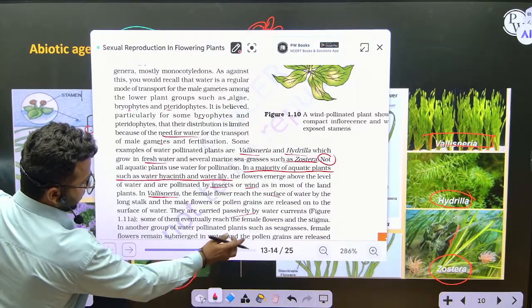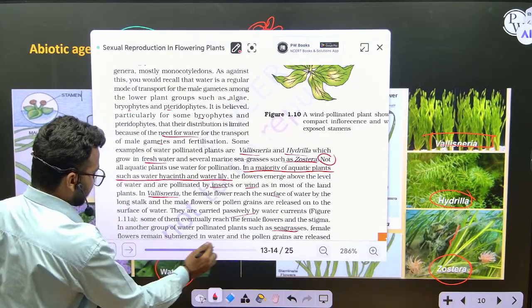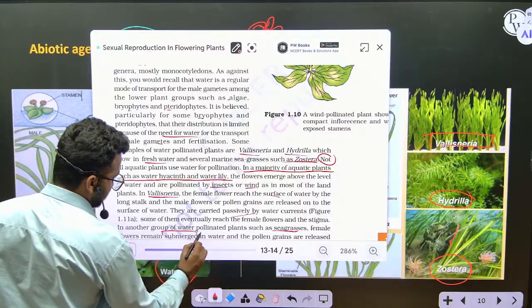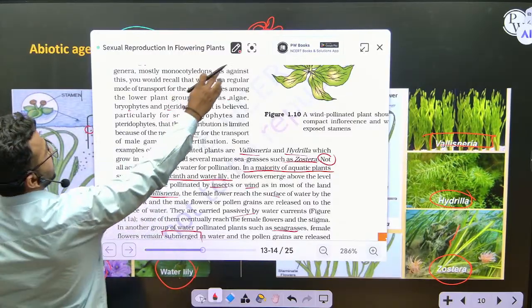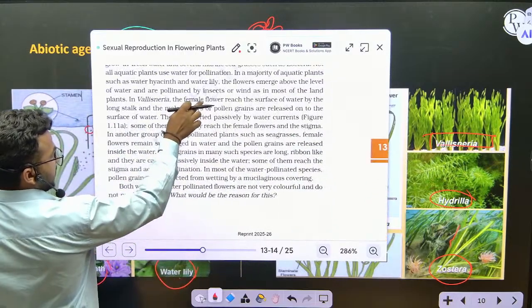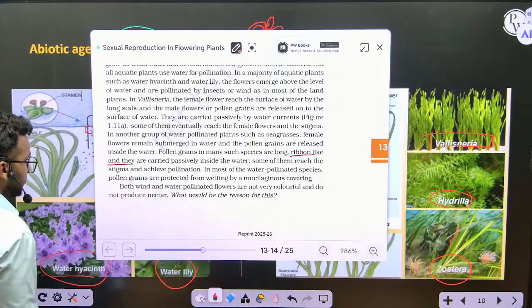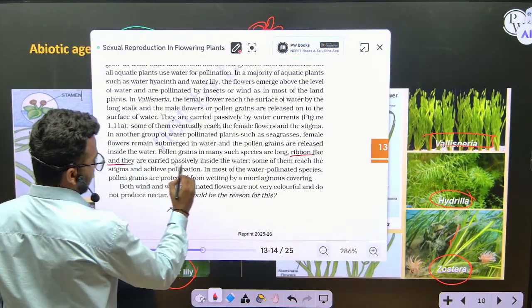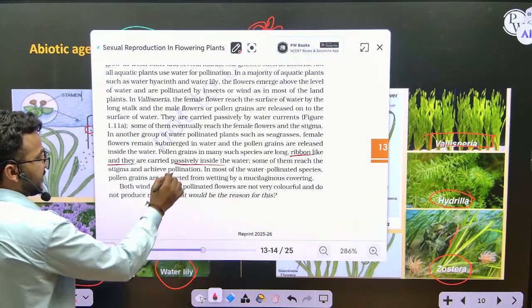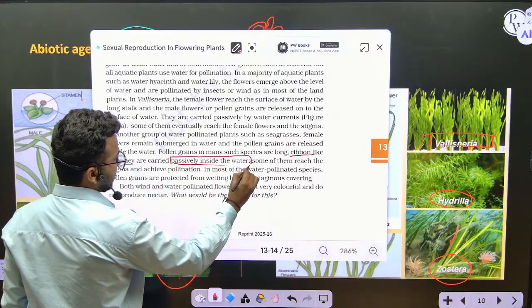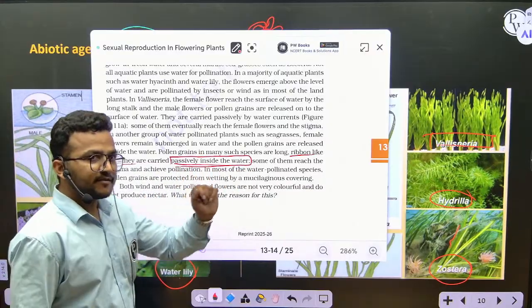And another one is the case of sea grasses, which remain submerged in the water. So the pollen grains have to move once they are released. They have ribbon-like structures and are carried passively inside the water. Remember this, passively inside the water.